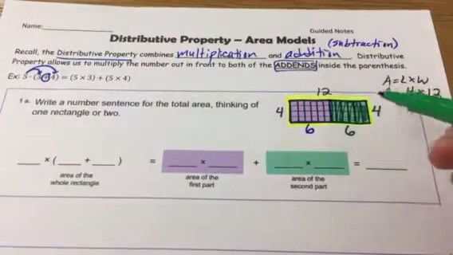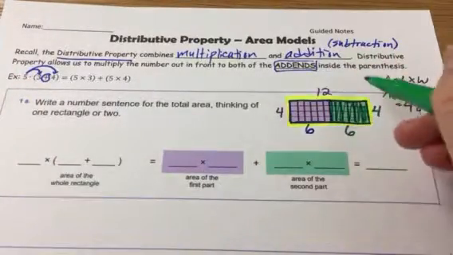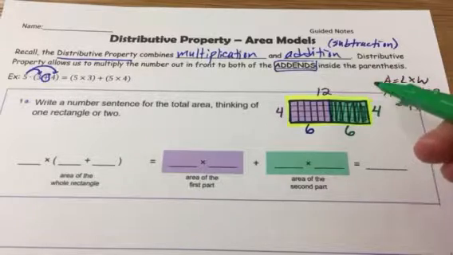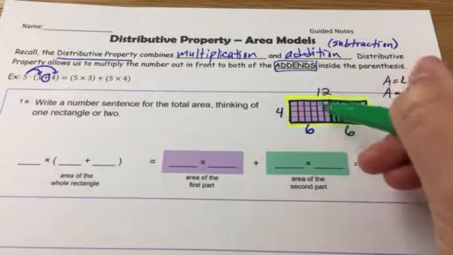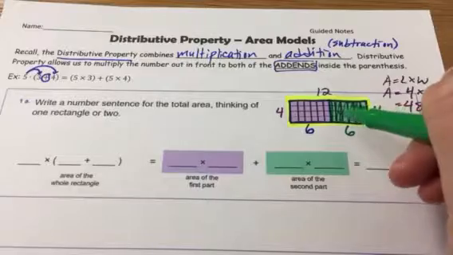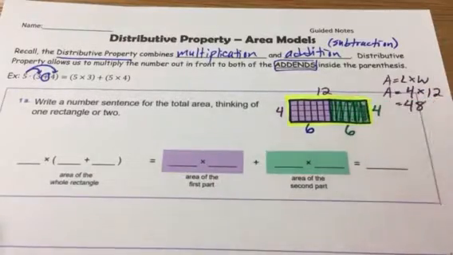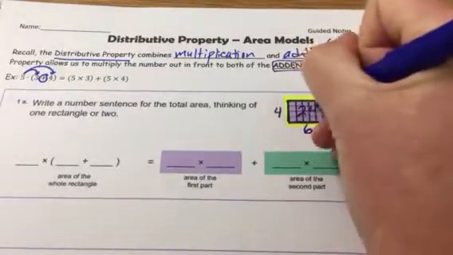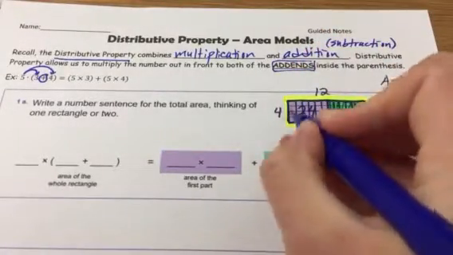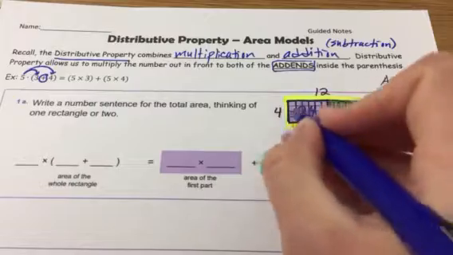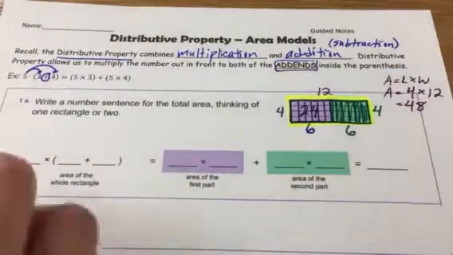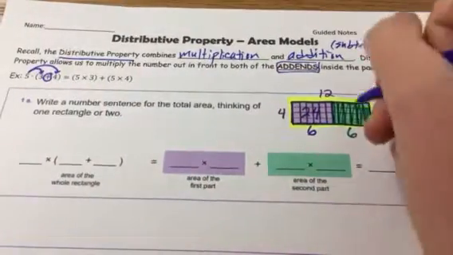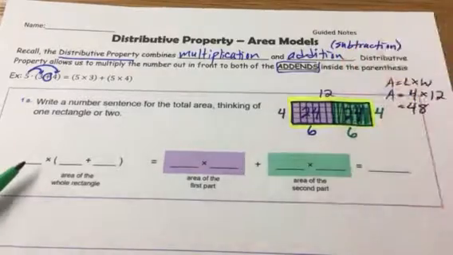So what we can do without adding any more space to this rectangle, without taking any of the rectangle away, is split it up into 2 smaller rectangles. And let's find the areas of those. So 4 times 6, well, that's 24. And there are 24 little square units here in this purple rectangle. And if we look at the green side, we also have 4 by 6, which is 24.